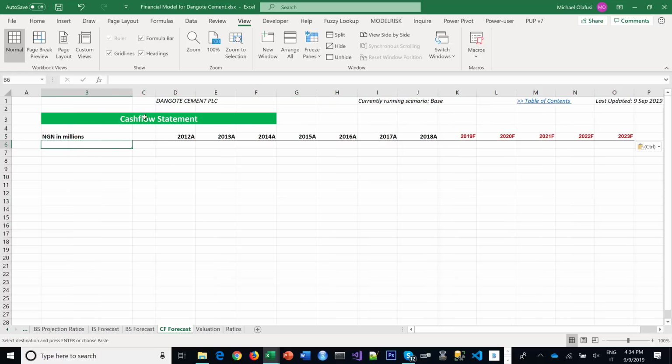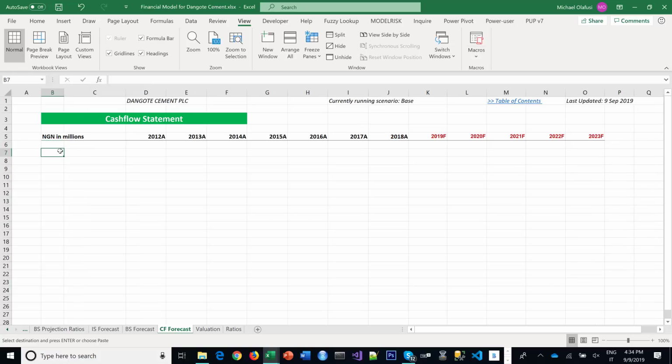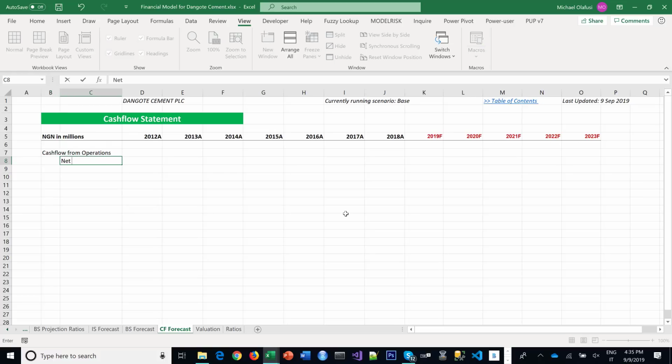So I'm going to break this into cash flow. There are 3 categories of cash flow that you want to extract. There's cash flow from operations. So the cash flow from operations is the net income, the net profits, and then you make non-cash adjustments.